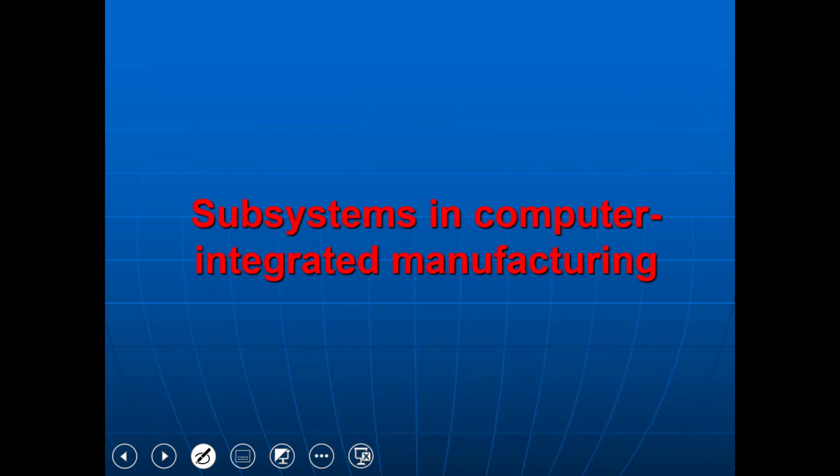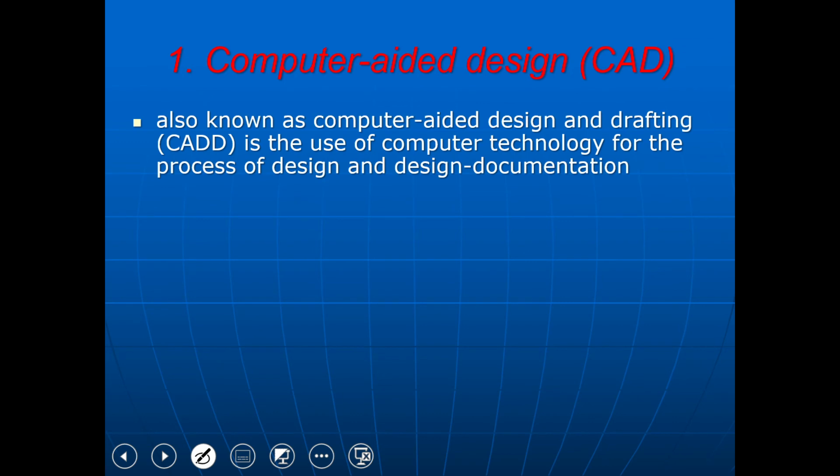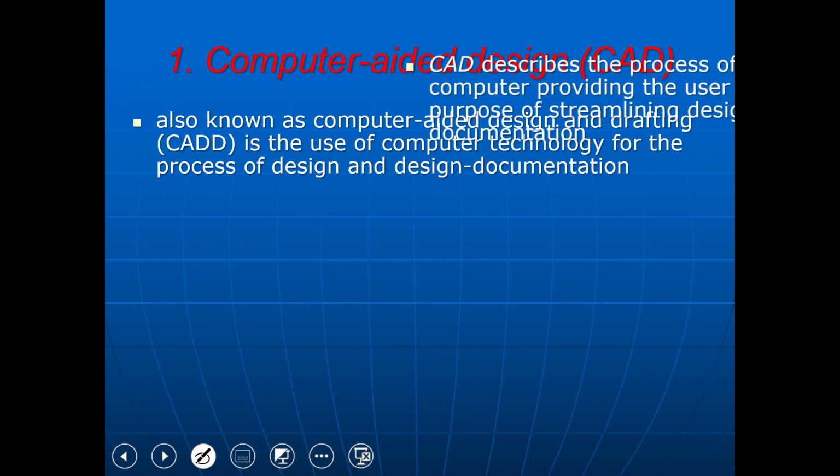Subsystems in the computer integrated manufacturing. Number one, we go for computer aided design, CAD. Also known as computer aided design and drafting, CADD, it is the use of computer technology for the process of design and design documentation.